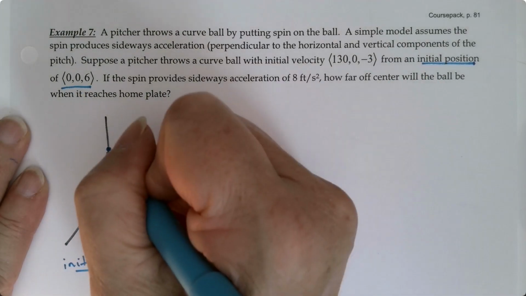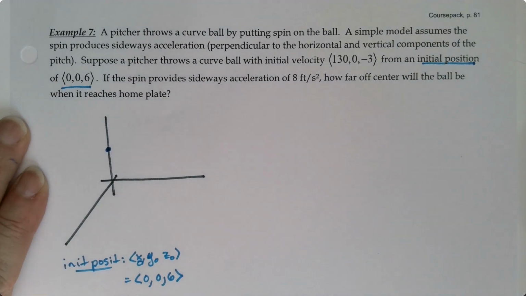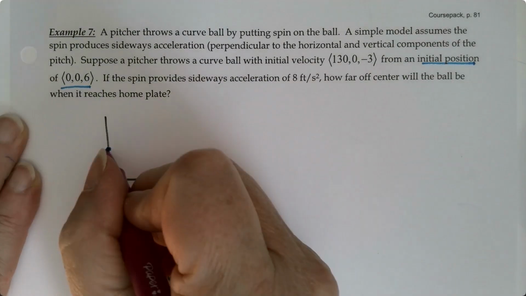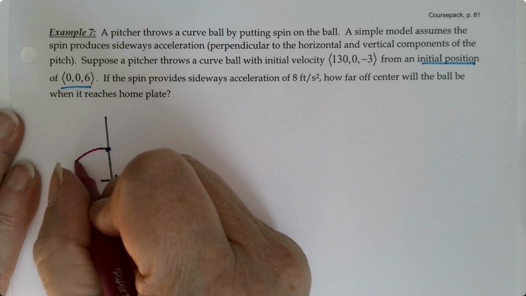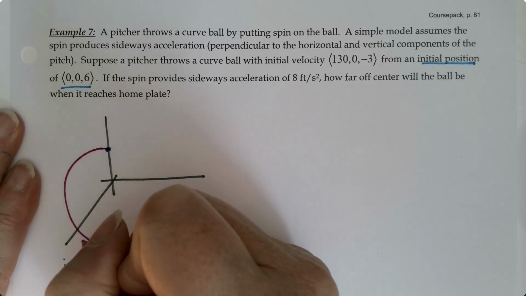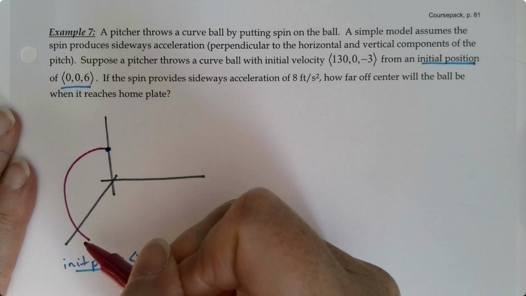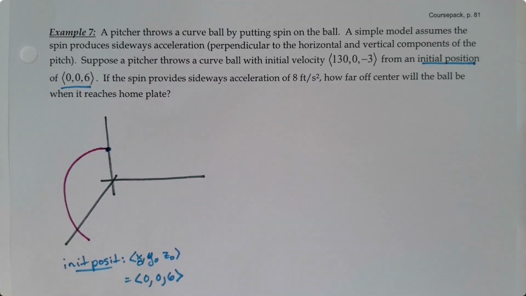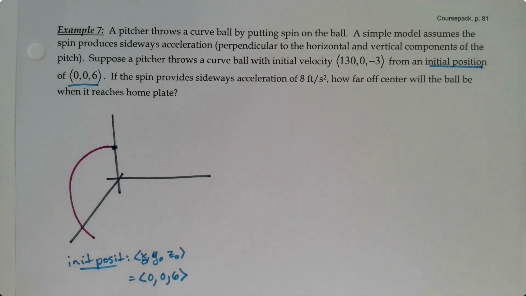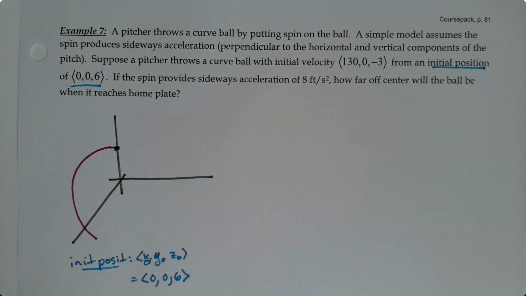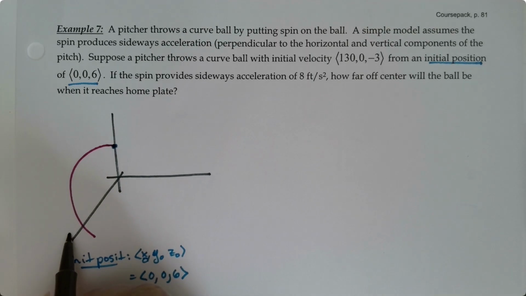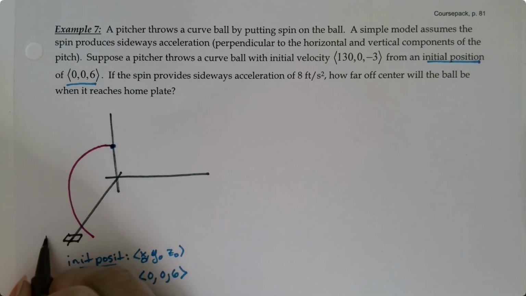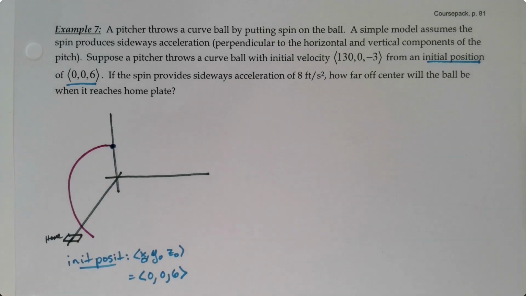So it's going to start up here, and then it's going to get thrown out, and it's going to have a spin, and it's going to end up over here. Right? So it's arcing. I probably drew that arc too arced, but that's okay. All right, so home plate is over here. And they're trying to get the person standing at home plate to swing, essentially.